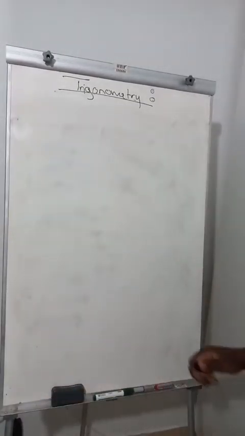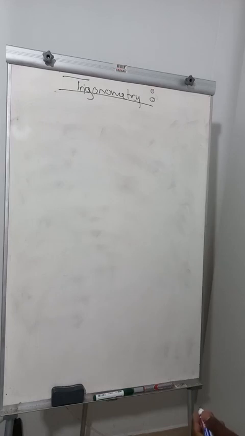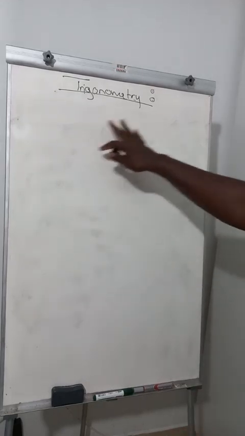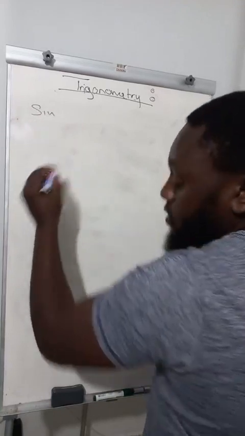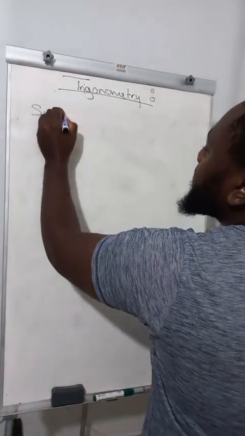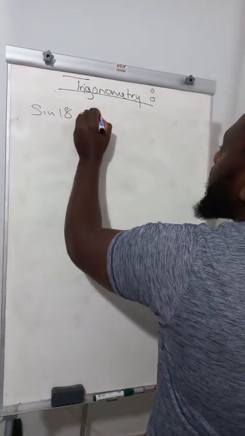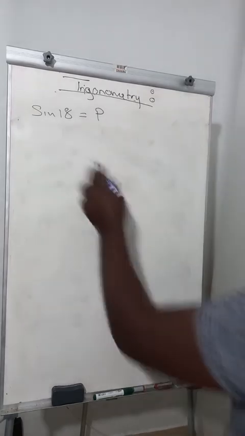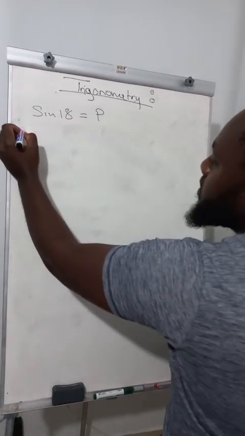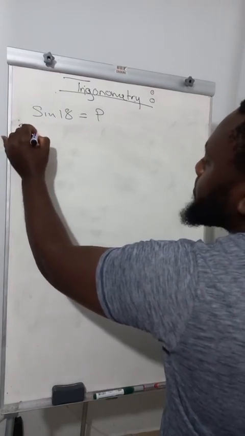There are situations wherein instead of giving you that particular information which they gave you previously, they might just say that you are given sine 18 is equals to p. Once you're given something like that, and the question says, without using a calculator, determine each of the following.